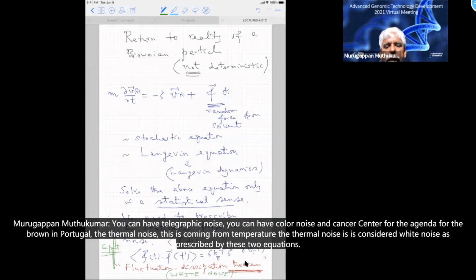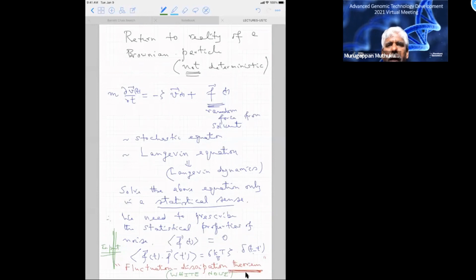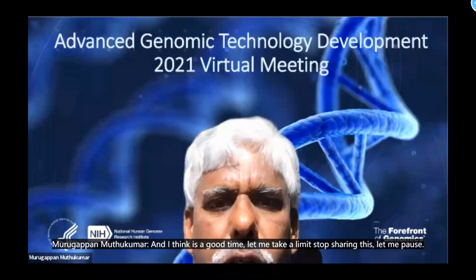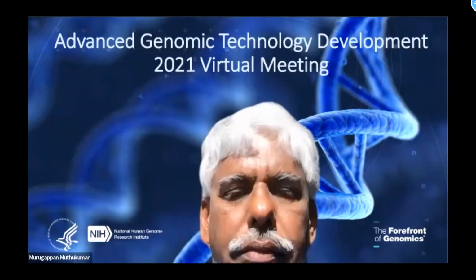You can have telegraphic noise, you can have colored noise, etc. But in general, for the Brownian particle, the thermal noise, which comes from temperature, is considered white noise as prescribed by these two equations. Okay. I think this is a good time. Let me stop sharing this. Let me pause.